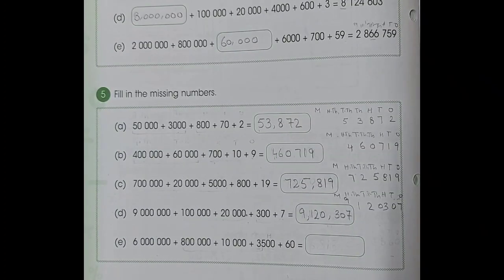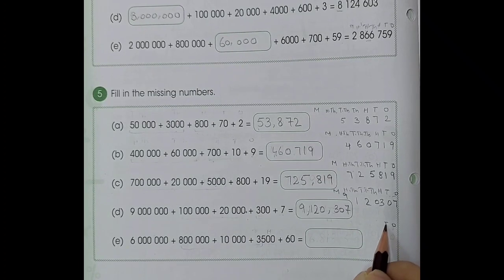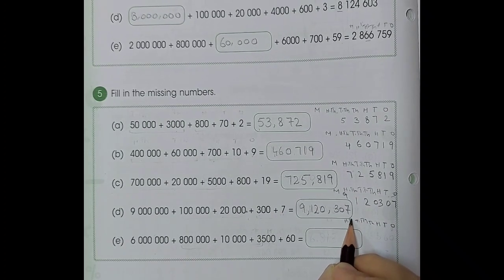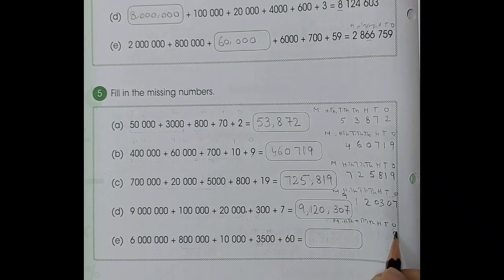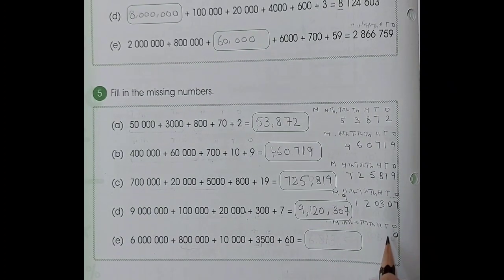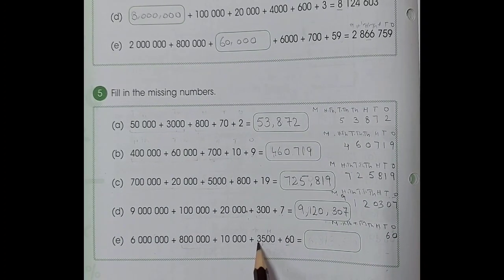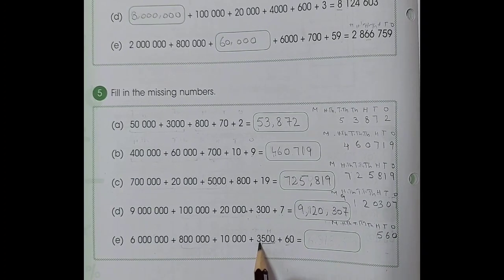Okay, part E is, again the numbers are given, so we have to join them. So we'll write here ones, tens, 100, 1,000, 10,000, and then 100,000, and then million. So for ones place we have nothing, we will write 0 here. For tens place we have 60, we will write 6 here. For 100 place what we have? 3,500. So 100 place will be filled with 500. 5 will come here, and 1,000 place is 3.